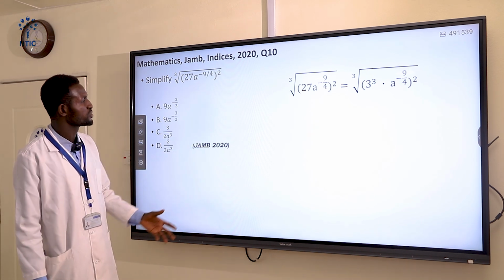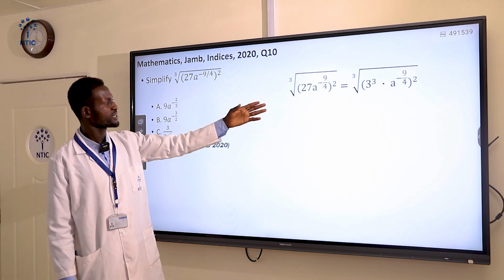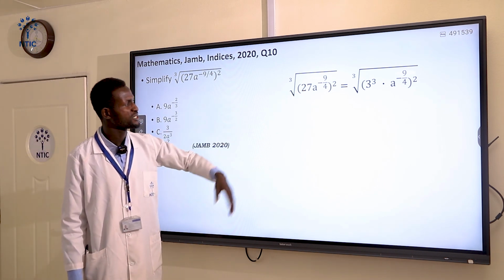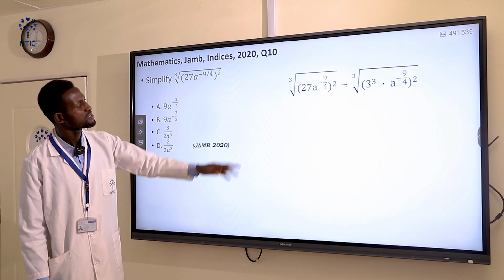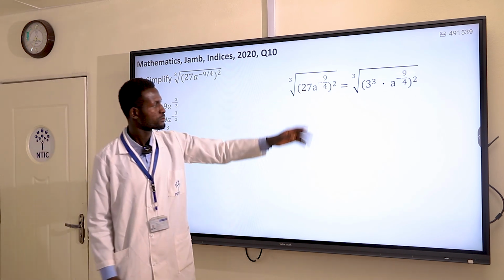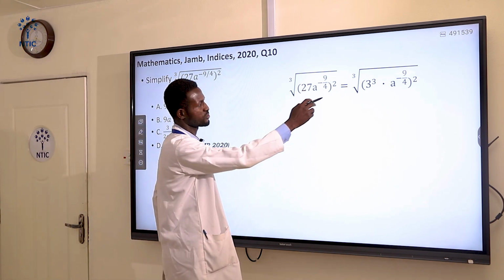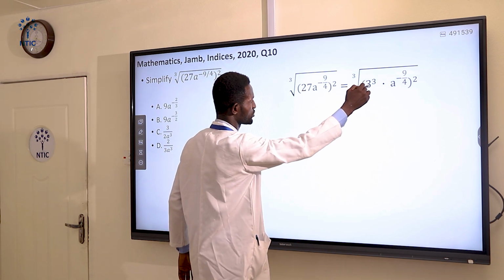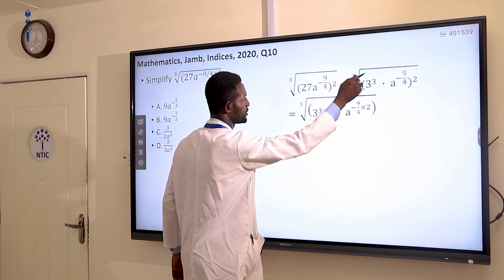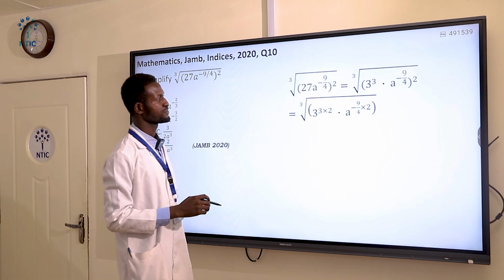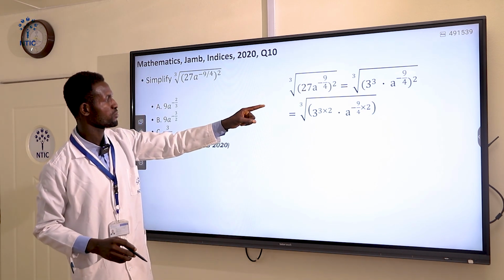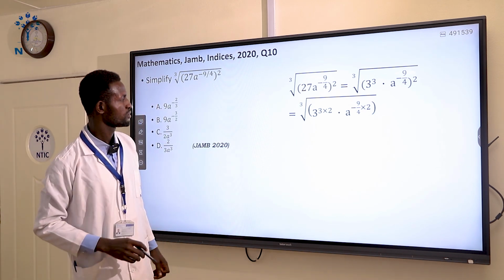One way to do this is to express 27 as a base 3 number, which is 3 raised to power 3, times a raised to power minus 9 over 4, all raised to power 2.